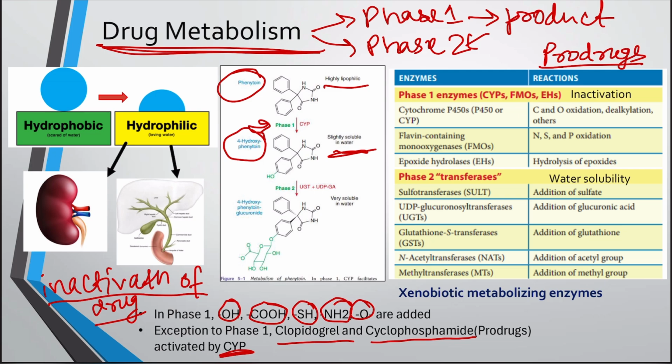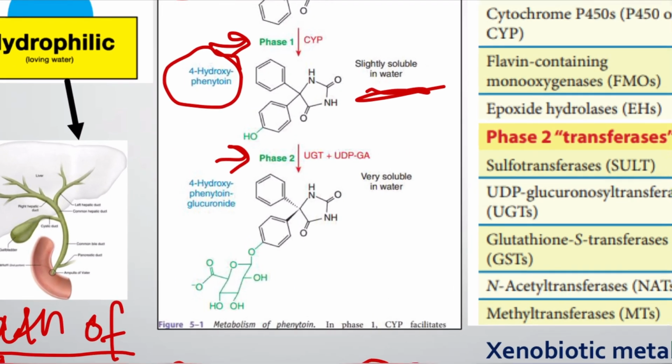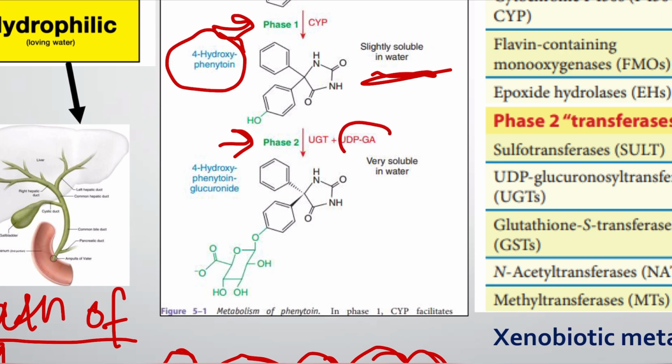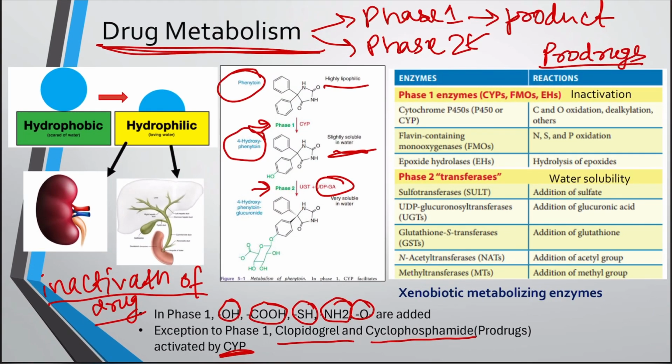Then it undergoes the phase 2 reaction where basically it is undergoing a process called glucuronidation, that is with the help of UDP glucuronyl transferase, and this makes it completely water soluble in nature, and as a result it can be easily excreted out. So this is the complete mechanism, that is phase 1 basically does the inactivation of the drug and phase 2 makes that inactivated product even more water soluble. So this is the main purpose of phase 1 and phase 2 reactions.